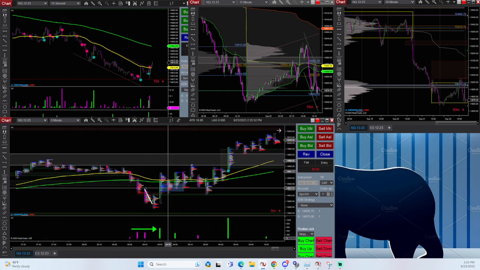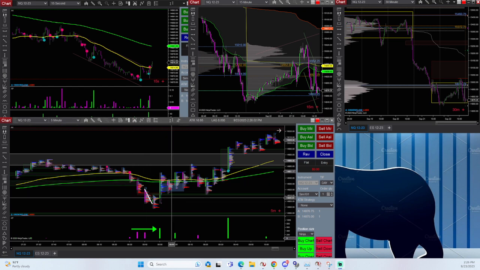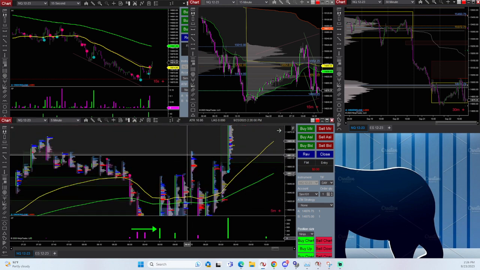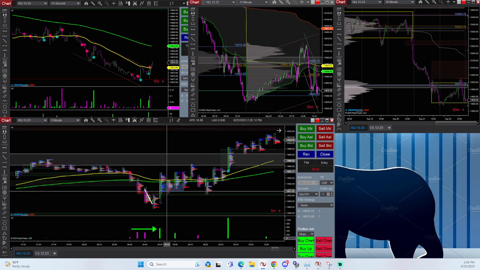Whenever I have an identified area, I typically only take the area twice. The third time is a lot less likely, but what I look for is the buying or selling pressure to come in via the volume footprints, the lighter or darker colors, and or I like to see a sweep on the 1 minute chart.